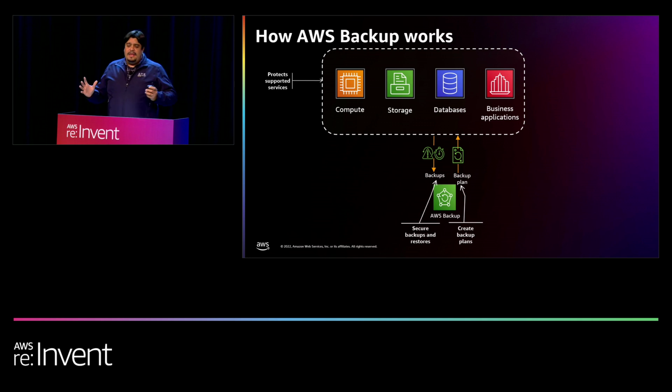The backup plan encapsulates things like the frequencies of the backups, the retention, where the backups will be saved, any type of transition to cold storage, lifecycle management policies, and so on. Once you define the backup plan, the frequencies, the retention, and all the policies, you start assigning resources.